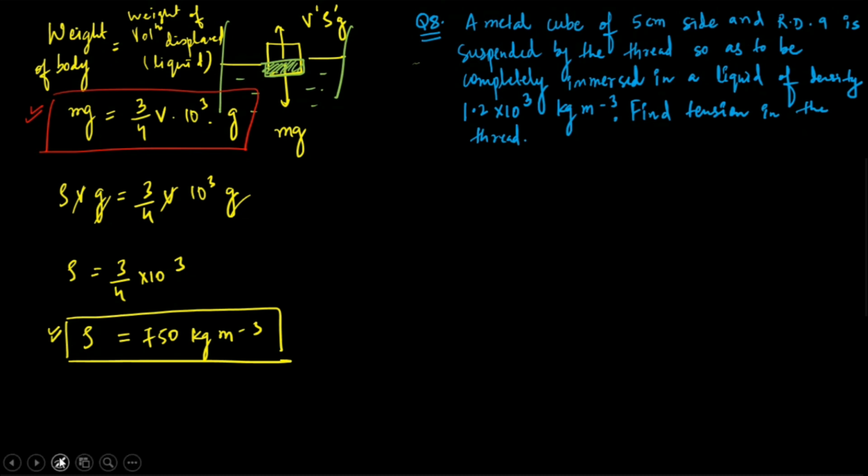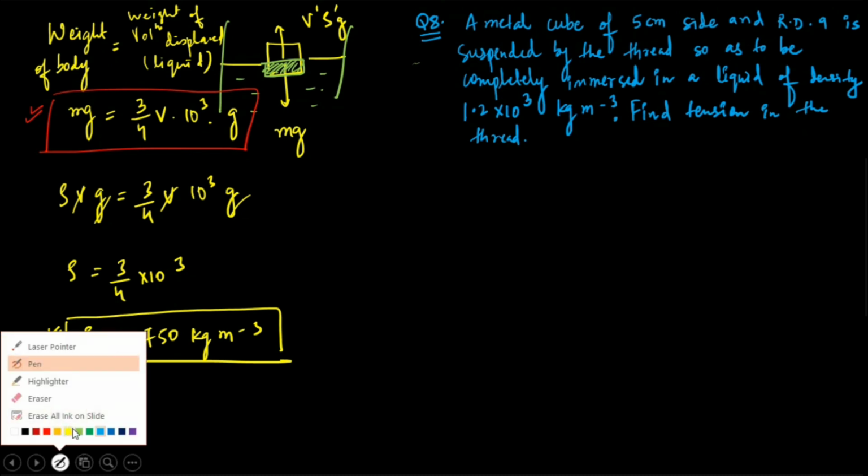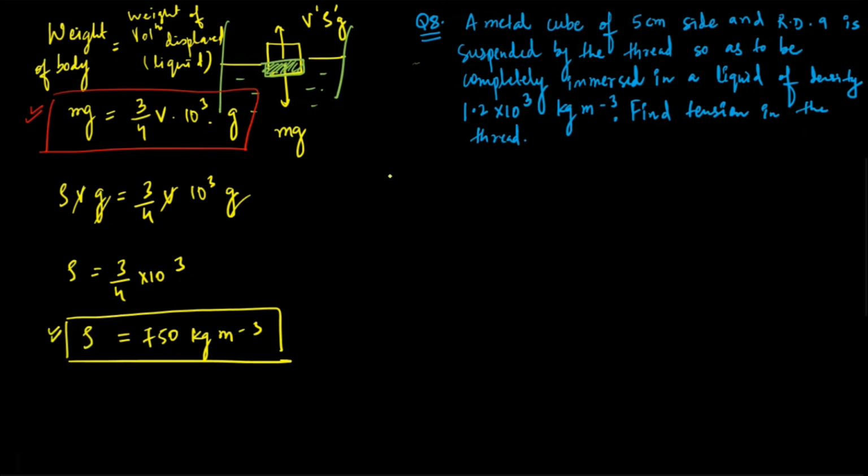First of all, whenever we are supposed to do such questions, try to draw a clear picture of the question representing all the forces. Whatever number of forces are acting in whatever direction, we just need to draw that. Okay, sir.